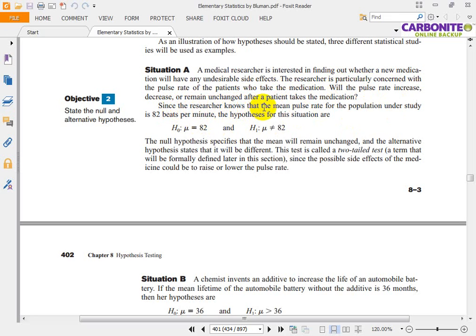Since the researcher knows that the mean pulse rate for the population under study is 82 beats per minute, the hypotheses for this situation are mu equals 82 in the case of the null hypothesis, and mu not equal to 82 in the case of the alternative hypothesis.